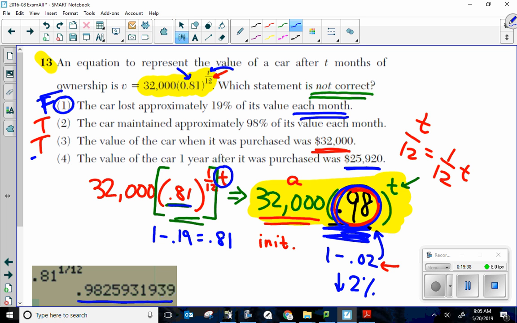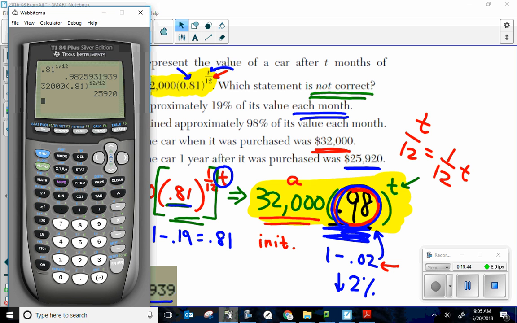That is true. Now, if you're a little confused why I didn't use my 0.98, let's go ahead and do that. Let's take this, hit enter, and let's see what happens when I put a 0.98 here. It'll be close. I hit enter. Ooh, yeah, huh? 31,000.